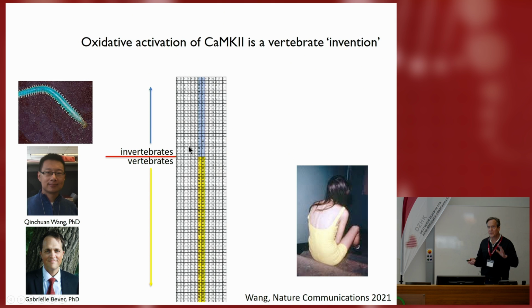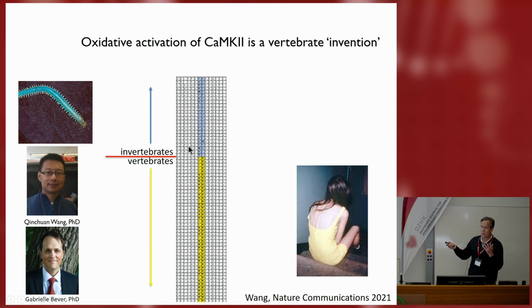I just want to touch briefly on this: CamKII is, I think, a kind of supercharging molecule. It can be knocked out, it's pretty dispensable. But when we were looking at its post-translational modification, Sinchuan Wang, together with Gab Bever, who's an evolutionary biologist, noted that these methionines really are an invention of vertebrates. They don't happen in invertebrates.